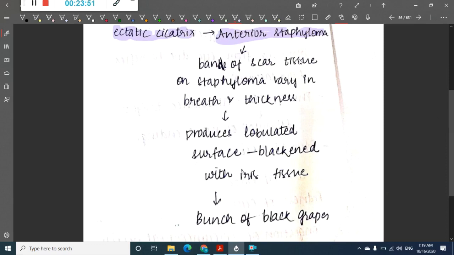This anterior staphyloma looks like a bunch of grapes. It looks lobulated, blackened with iris tissue, and this is called the bunch of grape appearance.